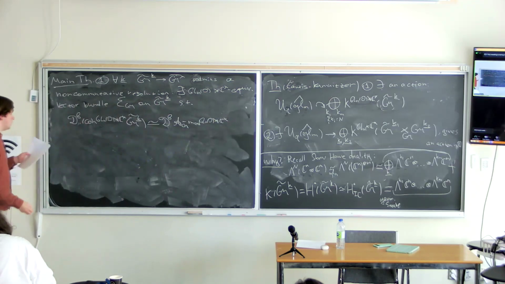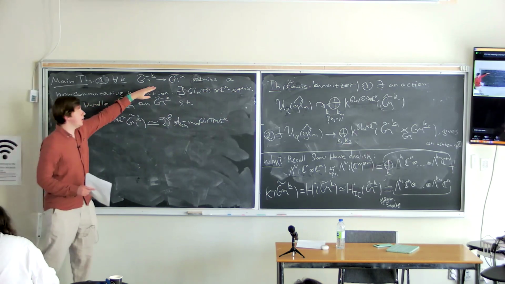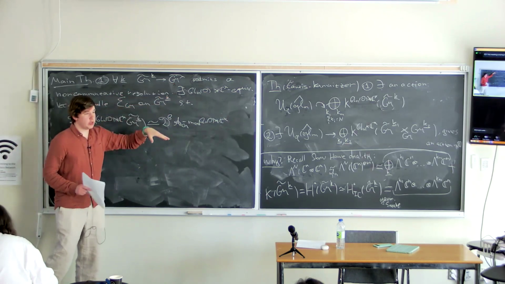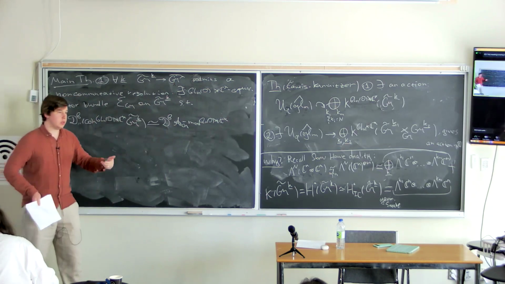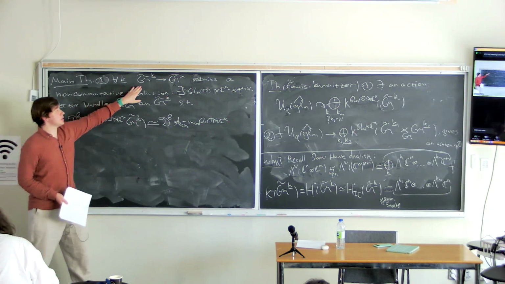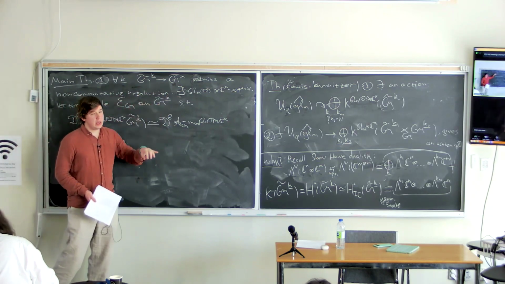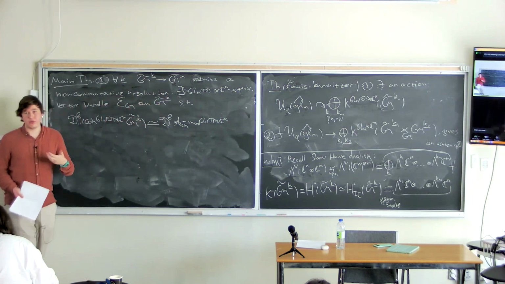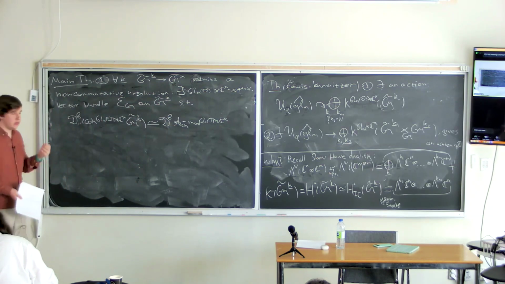So here a difference from the previous situation is that the variety which we resolved then was affine, so we spoke about tilting generators. Here it's projective, and we need the notion of relative tilting generator.